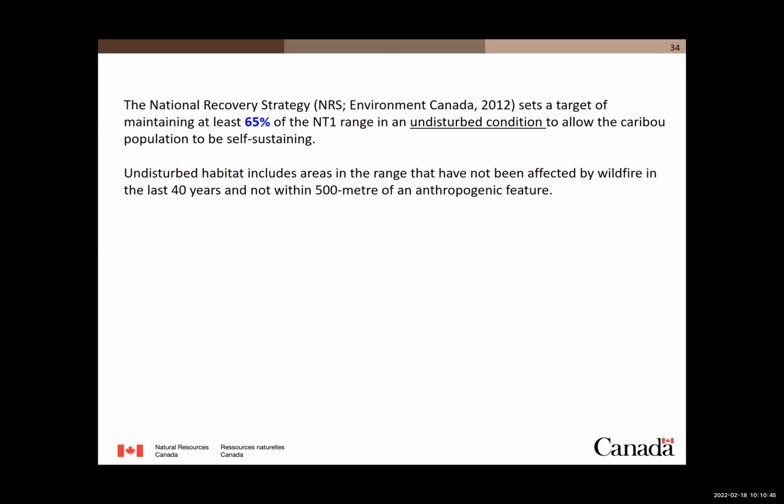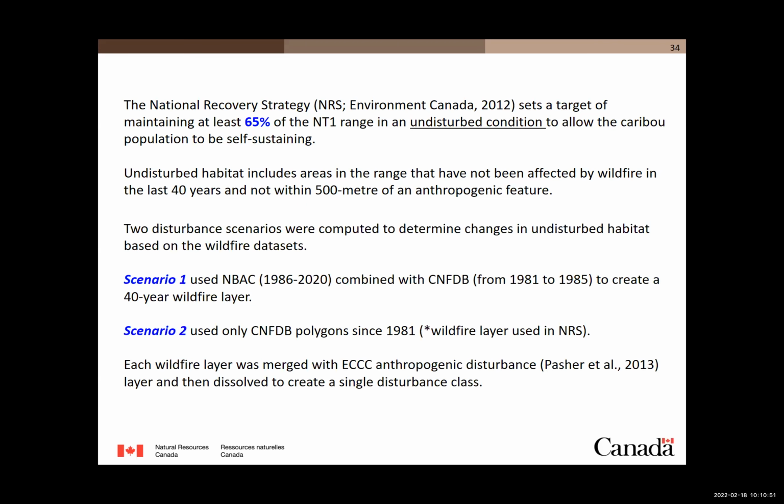Now, the NBAC dataset extends 34 years. So for this analysis in scenario 1, we combine the NBAC with the Canadian National Fire Database to create a 40-year wildfire disturbance layer. And in scenario 2, we used only the Canadian National Fire Database polygons.